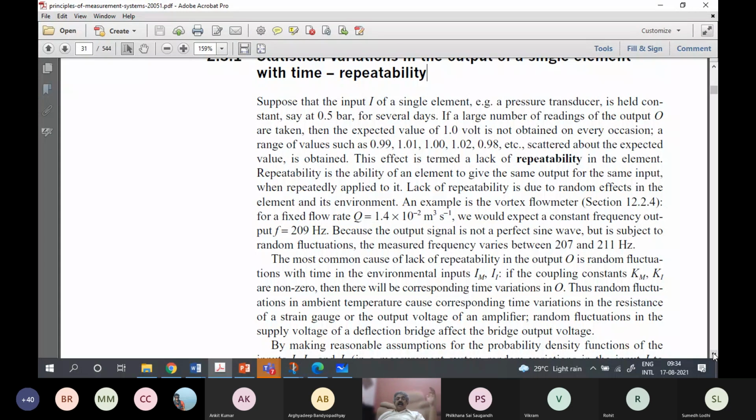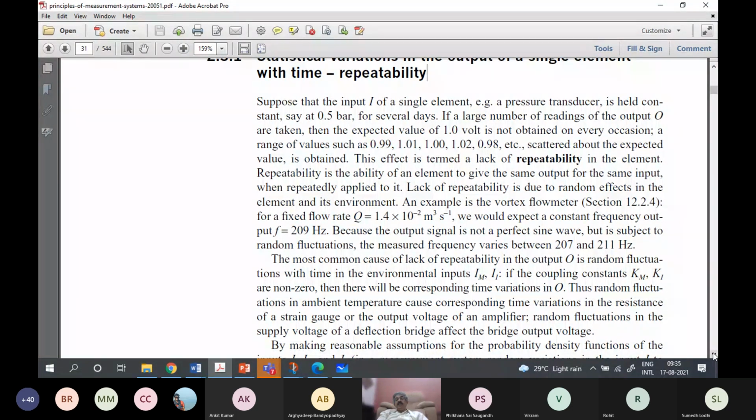So that is number one, and number two is that the effect of interfering and modifying inputs will not be much. There are some instruments, for example, they have given an example of a vortex flow meter.